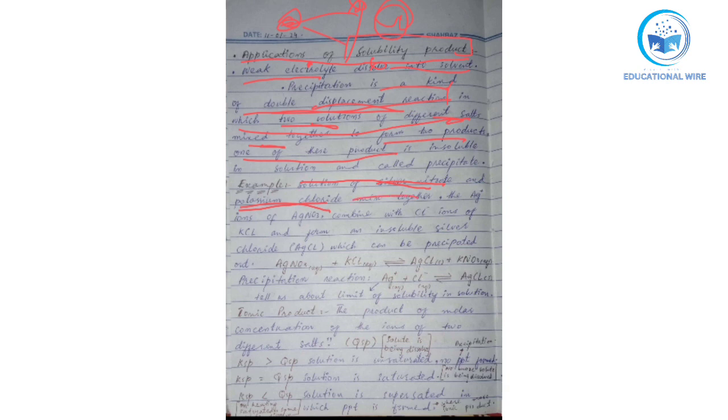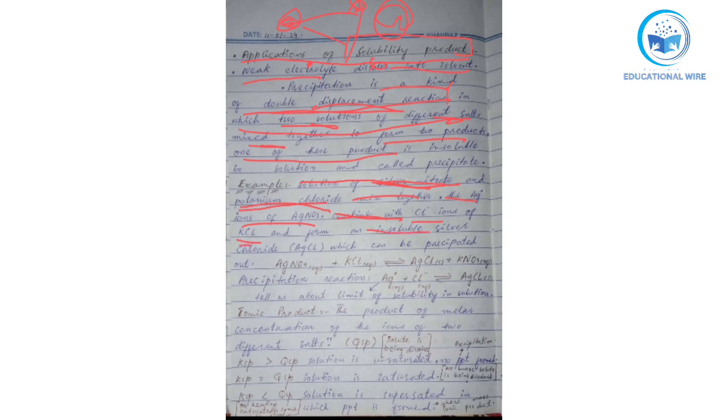When they mix together, the Ag+ ions of AgNO3, silver nitrate, combine with the chloride ions of KCl, potassium chloride.